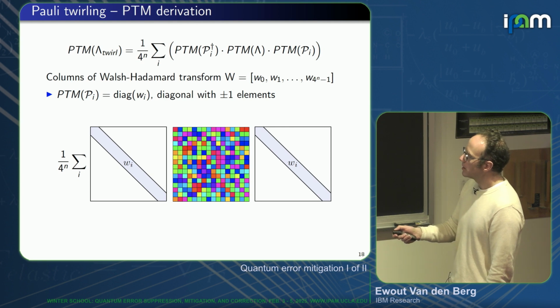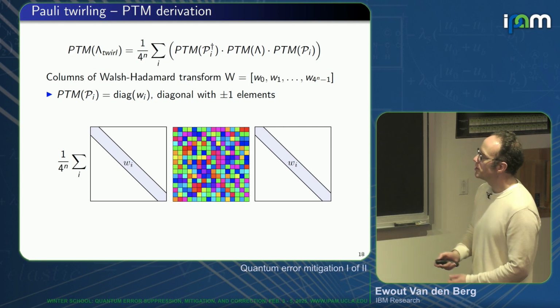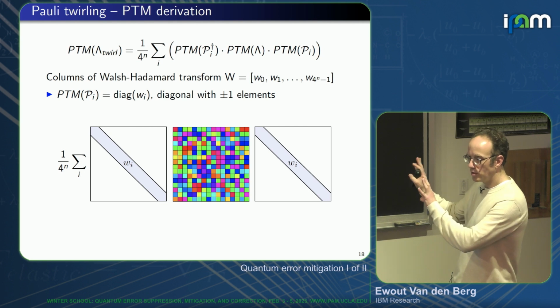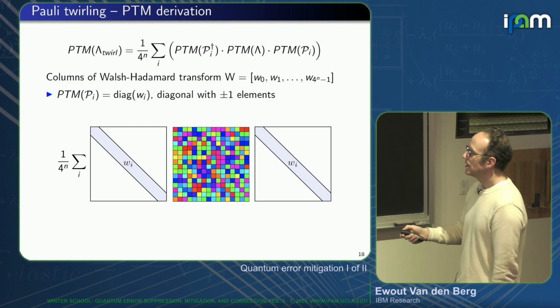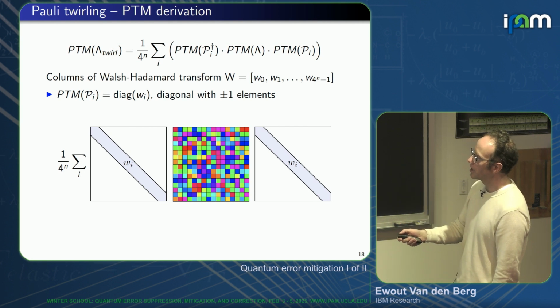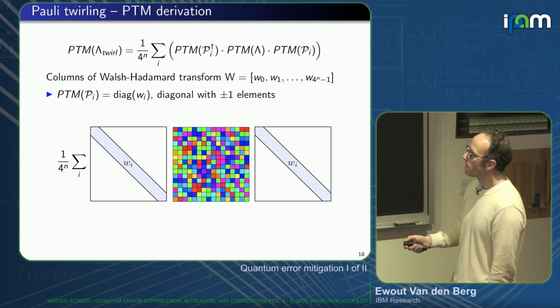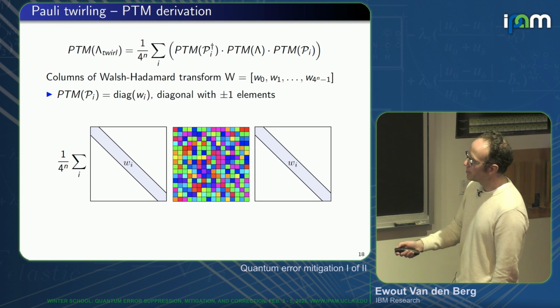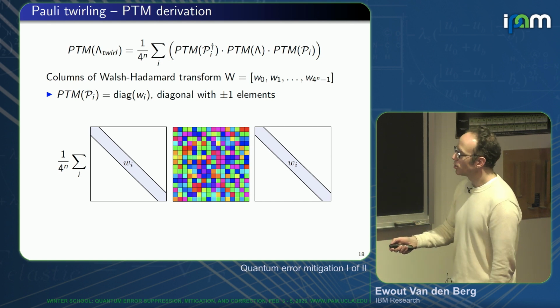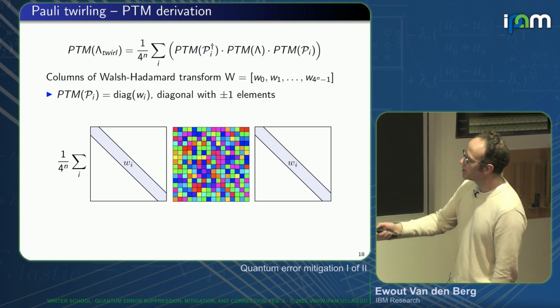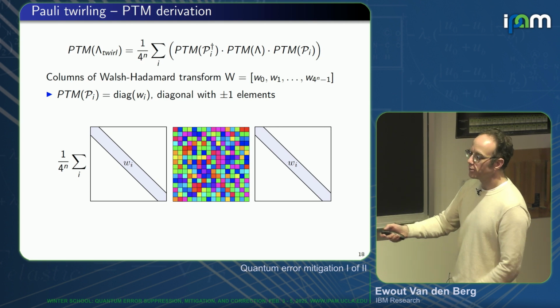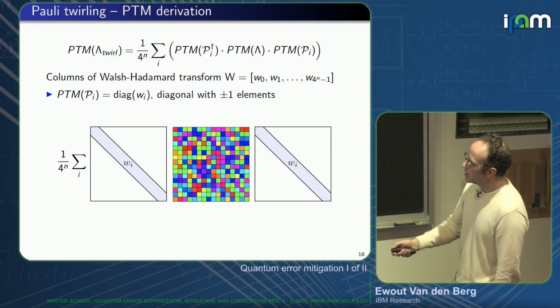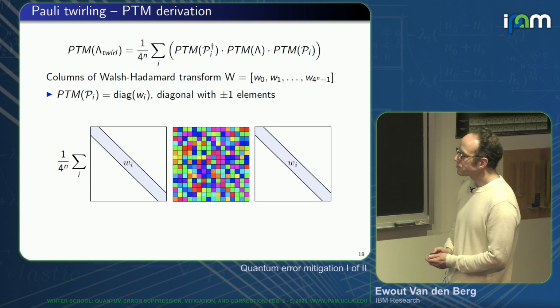The Pauli transfer matrix for applying P on either side is just a column of this Walsh-Hadamard, plus or minus 1 elements on the diagonal. Then we have the matrix of your channel, not necessarily symmetric, and then you again apply this diagonal.